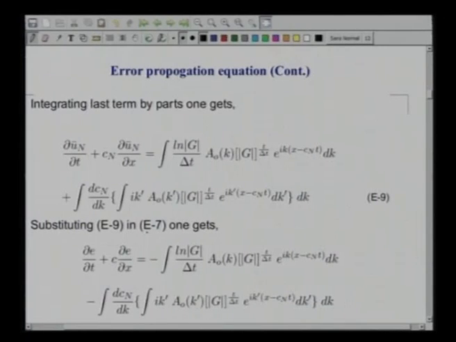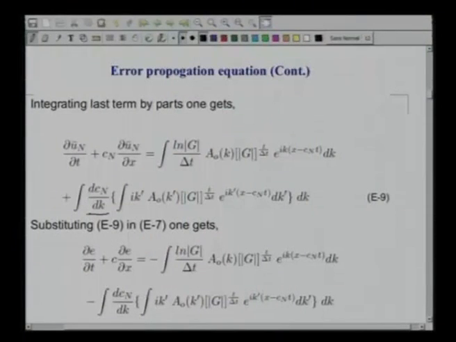You notice that naturally a term comes which is given here, which is nothing but d dk of c of n. So, this basically tells you that your original problem c was a constant, and what we are noticing here is that we are providing the possibility that c of n, the numerical phase speed, need not necessarily be a constant.